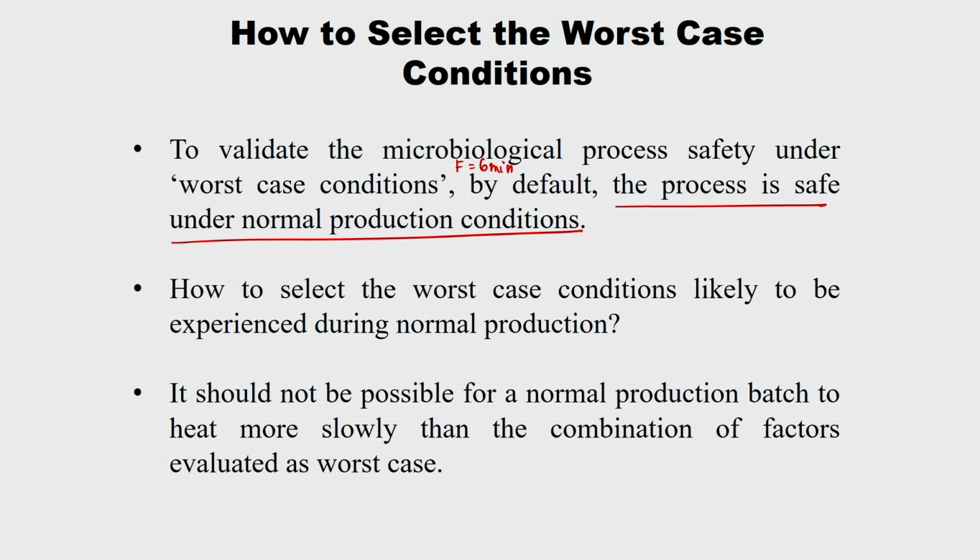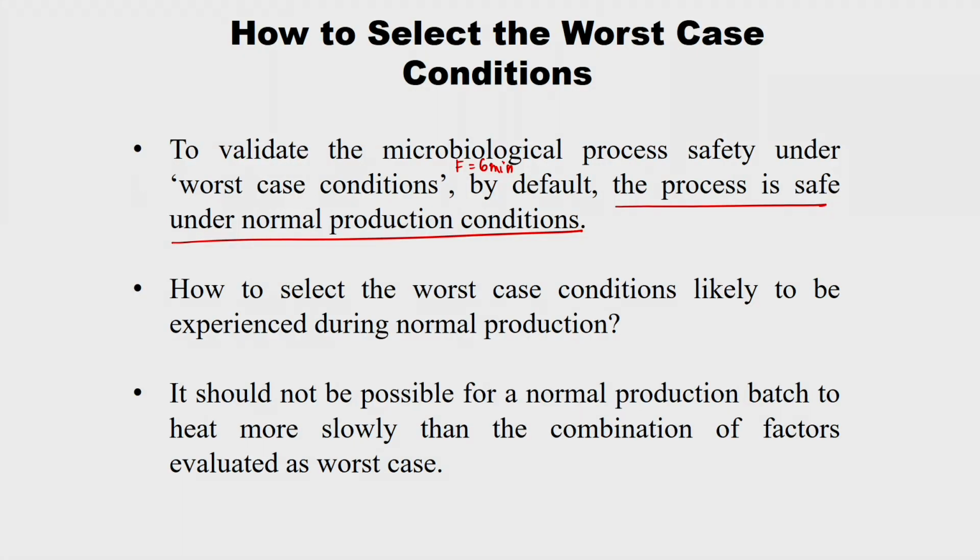If we select all the critical condition limits, for example I reduce the temperature and increase the viscosity for the heat to penetrate for a long time, then with all these combinations at the critical limit, it may be over processed and the food may be overcooked. So that is also a limit.